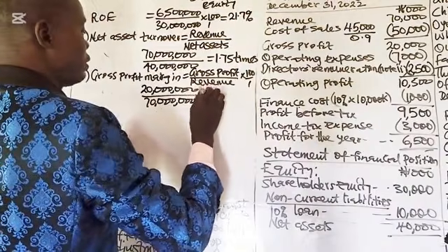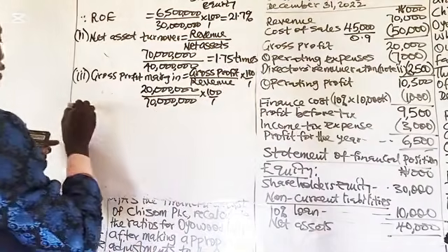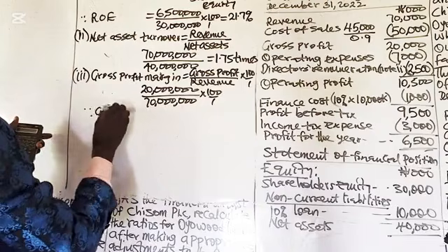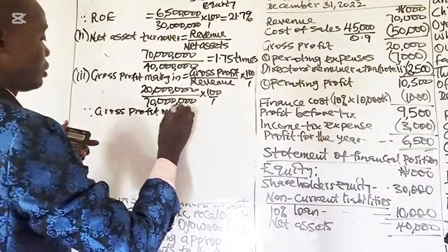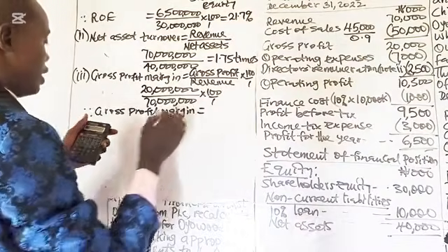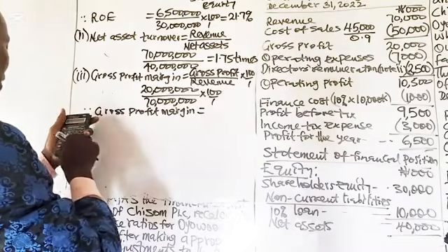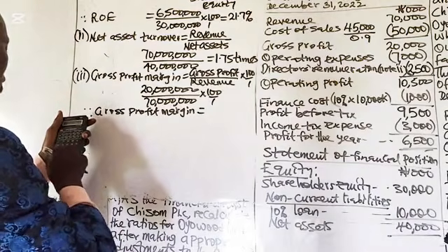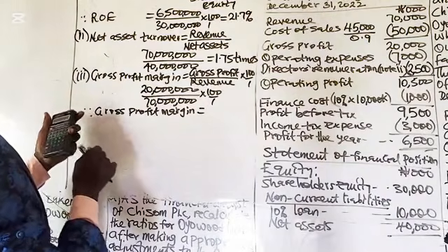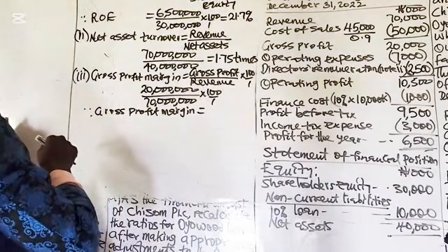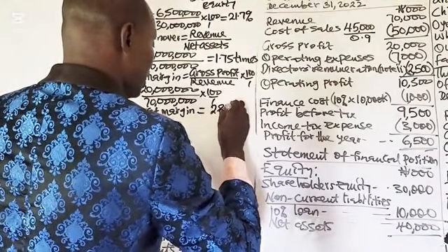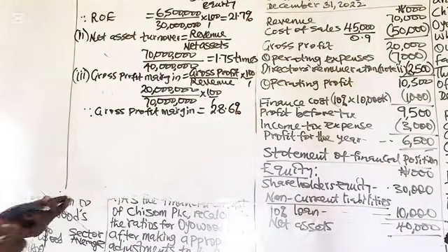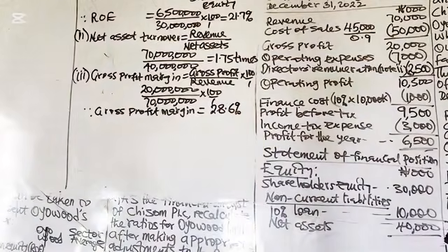So the gross profit margin is 20 million divided by 70 million times 100, or 28.6%. That is the third ratio.